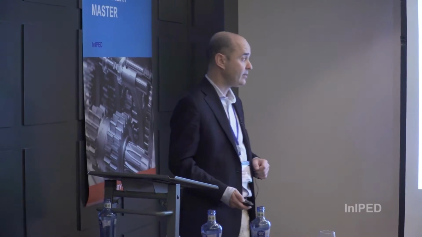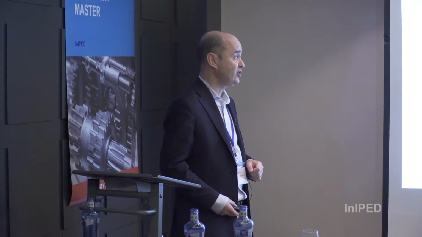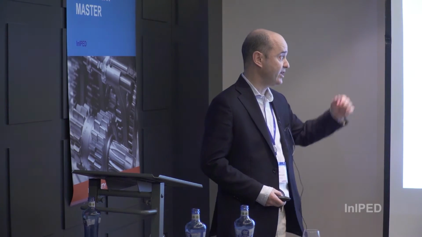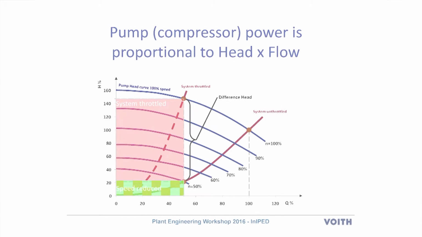So the first difference we see in this is the difference in the head which the pump has to overcome in case A and case B. So as the power the pump needs is basically proportional to head times flow, the power needed by the pump in the first case when throttling is this one. The power needed by the pump reducing the speed is this one. So there is a very important saving in energy.